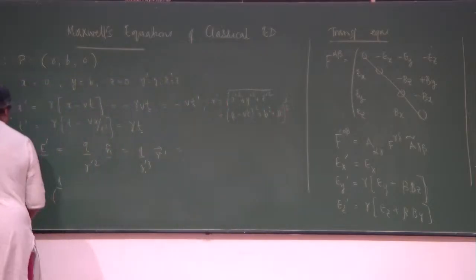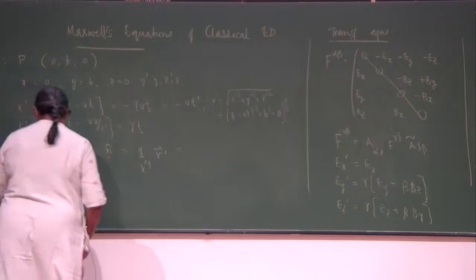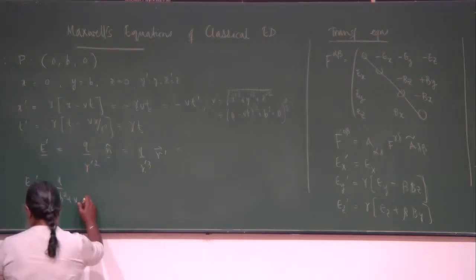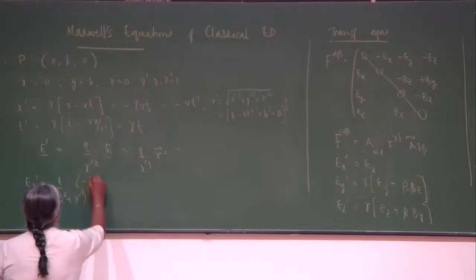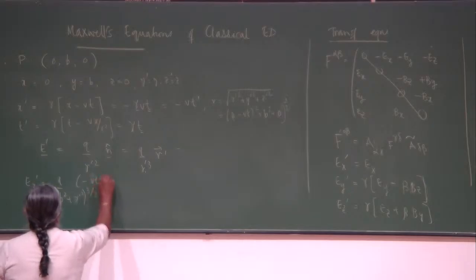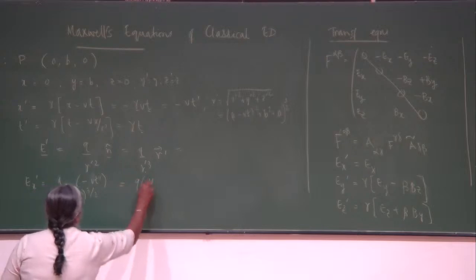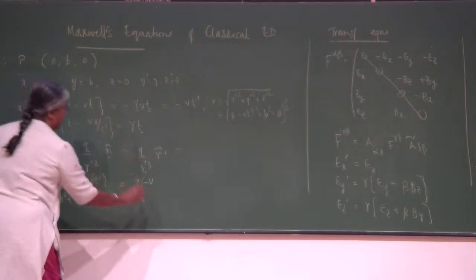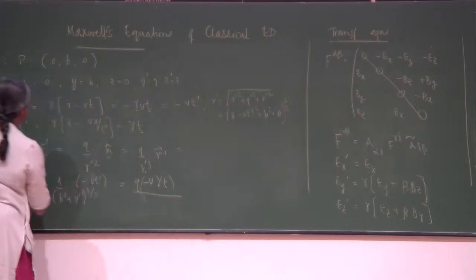So I will have b squared plus x prime squared to the power of 3 by 2, minus Vt prime. Now I can write that as, what is T prime? Gamma T, right? And what is x prime?